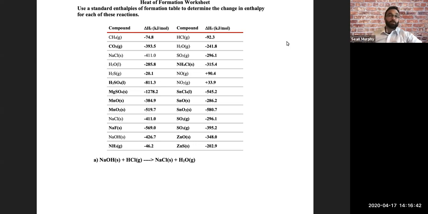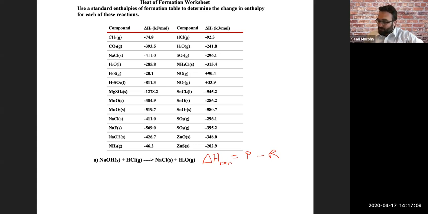So in order to solve for the heat of reaction, essentially what we have here is delta H of reaction equals the total heat of the products minus that of the reactants. So the first one's pretty easy because they all have ones as coefficients. So the hard part is just looking at the chart and trying to find each one.